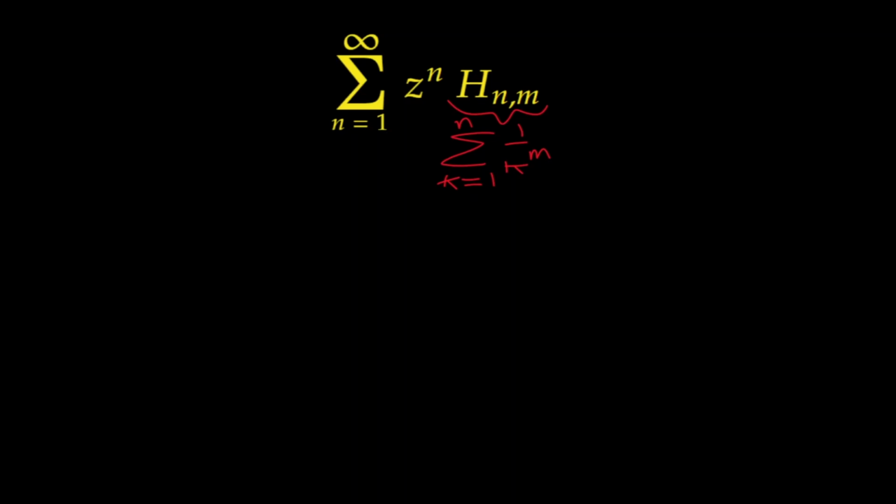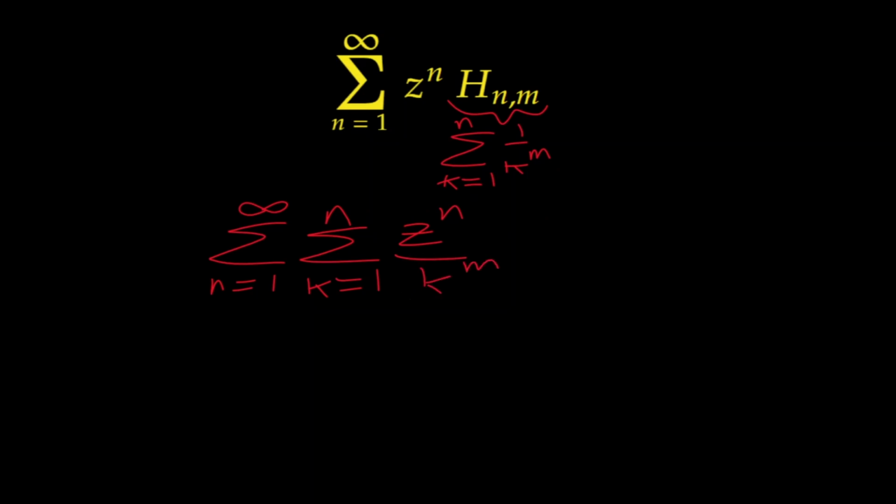Let's just combine all of these into one big sum. So we're going to have the sum from n equals 1 to infinity of the sum from k equals 1 to n, and inside we have z to the n over k to the m. And the way we're going to evaluate this is actually a little bit fun. What we're going to do is split this up into two sums now.